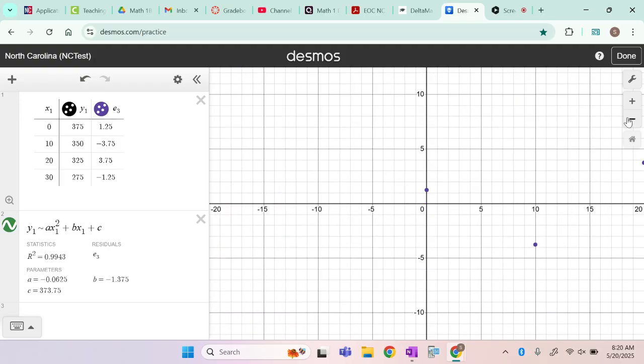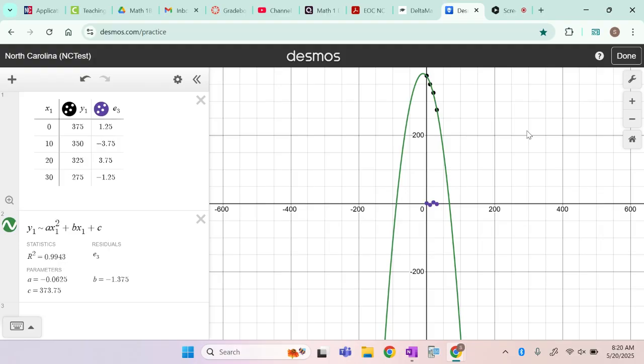But look at my regression equation. Let's say it was a word problem, and it asks me, based off of its best fit equation, what would the x value be when y is 200?